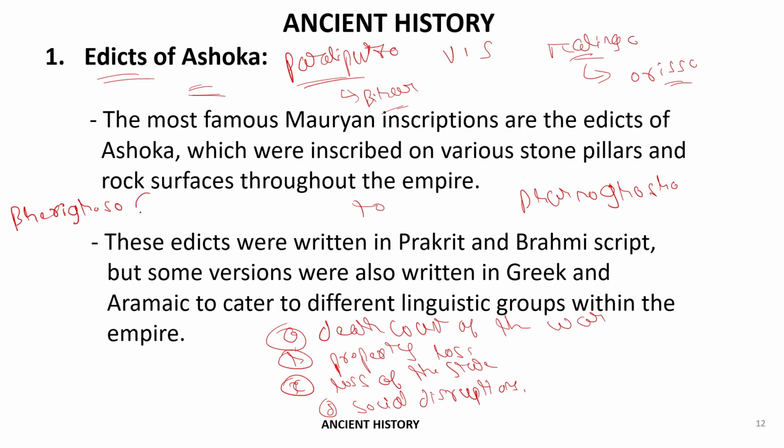Bhairi Ghosha was war strategy, and Dharam Ghosha was welfare strategy. So he changed his war strategy to the welfare strategy, but he did not give up the war. He didn't become a saint. He was still the ruler, but he didn't want to fight anymore because of these four reasons.